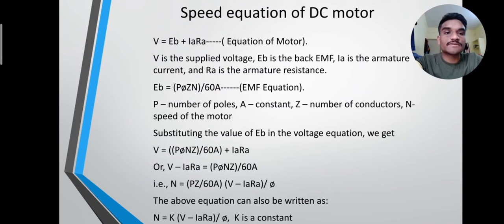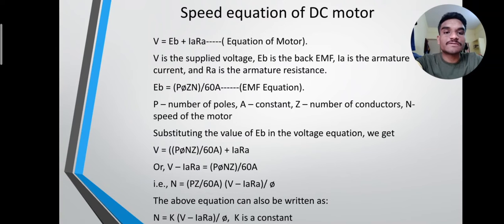The next equation is the EMF equation: EB is equal to P phi Zn divided by 60A, where P is the number of poles, A is a constant, Z is the number of conductors, and N is the speed of the motor. The value of EB is substituted in the first equation, the equation of the motor.